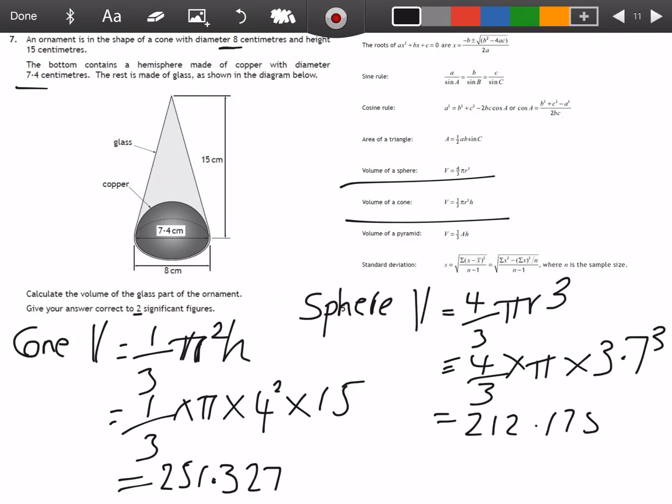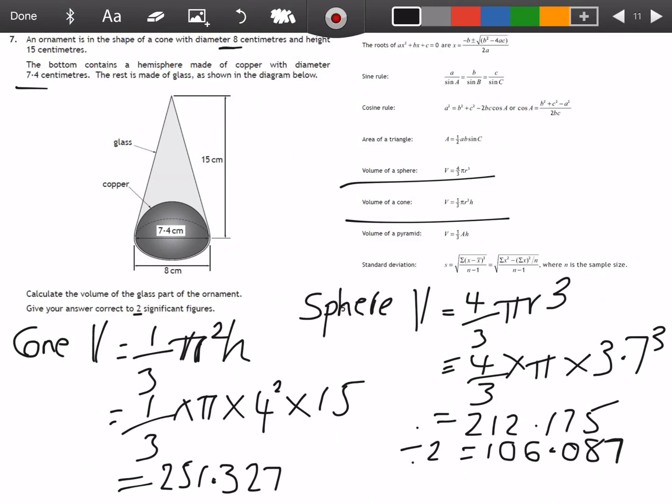212.175, we'll say. Leave quite a few numbers after the point. Remember, this is a full sphere. I actually need half this number, divided by 2. So it's 106.087. So that's our 2 volumes. The cone has the sphere inside it, so the remaining part of the cone is the glass part.